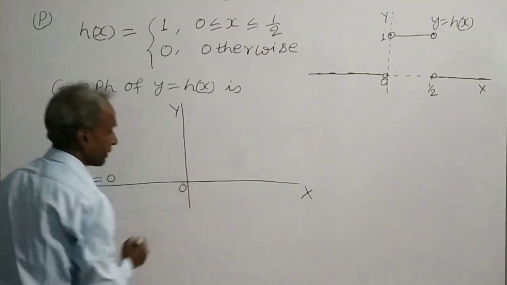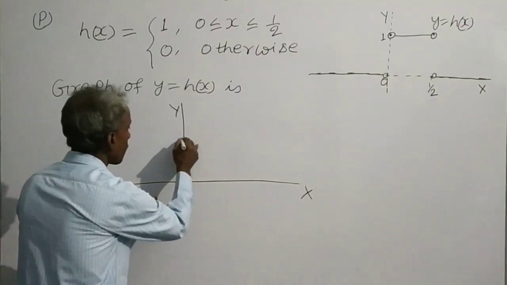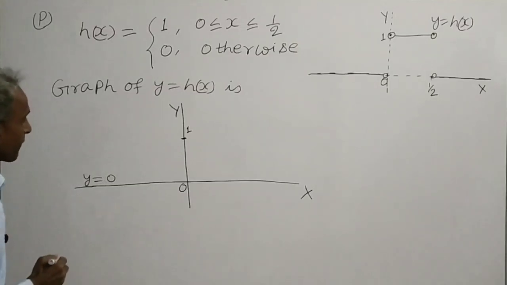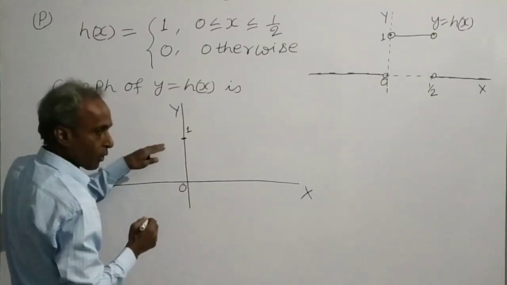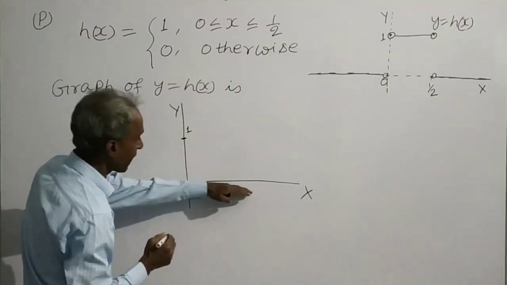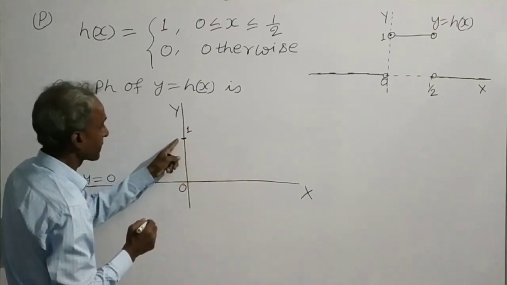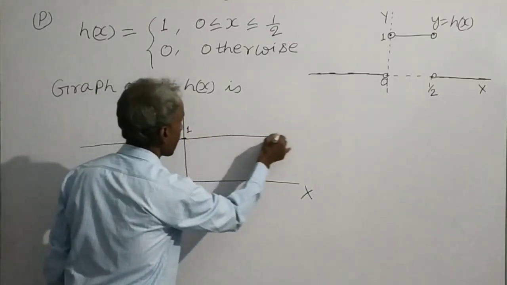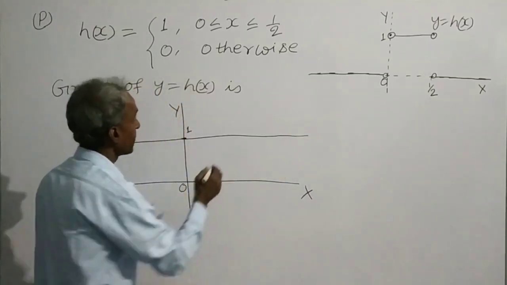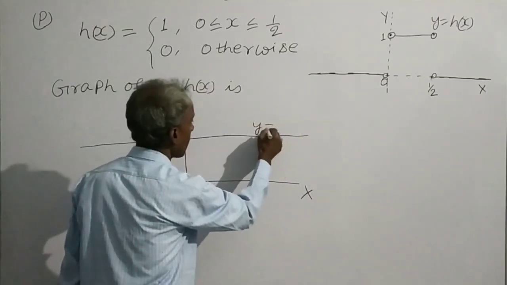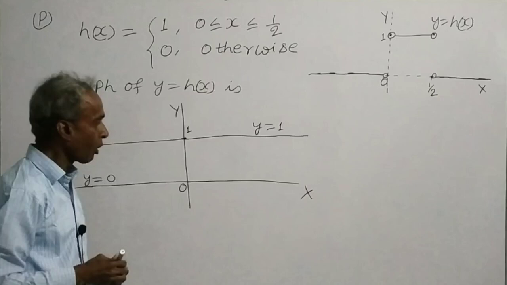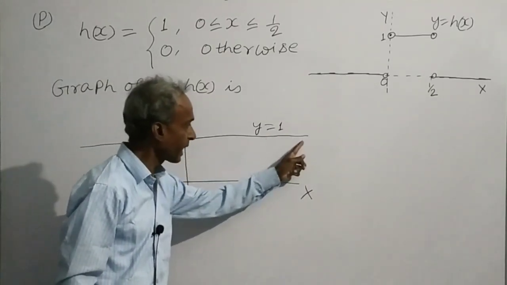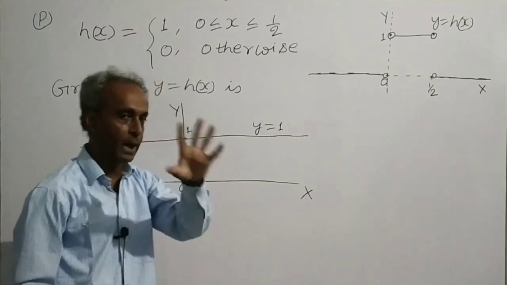From the origin at a height of 1 unit on the y-axis, if we draw a line parallel to the x-axis and passing through this point, then the equation of this line is y is equal to 1, because the y-coordinate of each point on this line will be equal to 1.